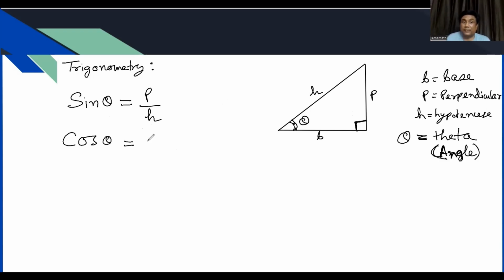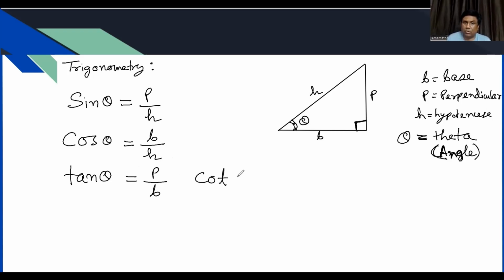And what is cos theta? It is always base upon hypotenuse, okay? And what is tan theta? Tan theta is a name only, nothing else, okay? Tan theta is perpendicular by base, okay? Then the opposite of tan theta is called cot theta.